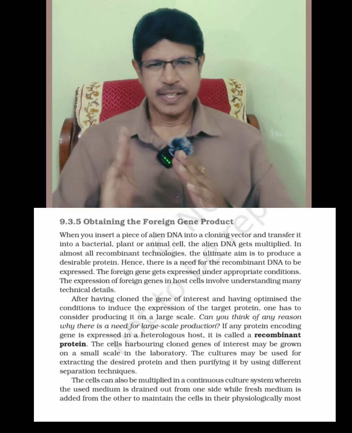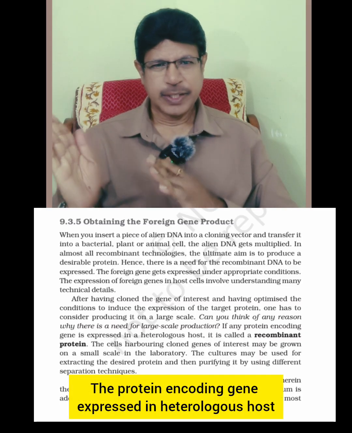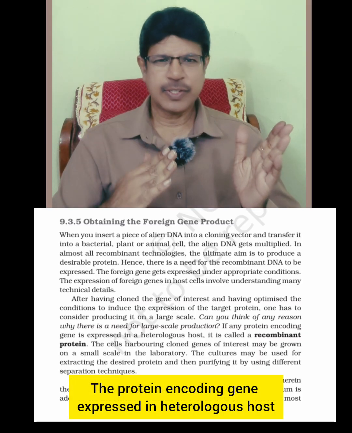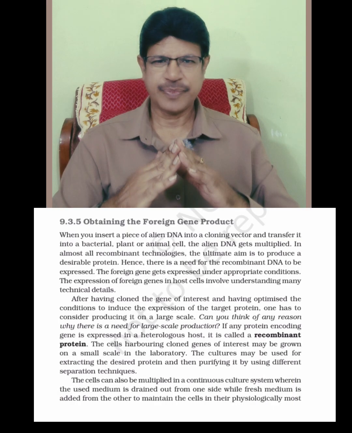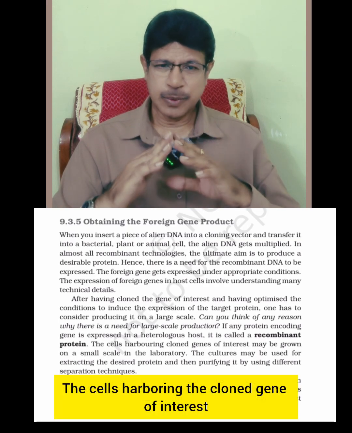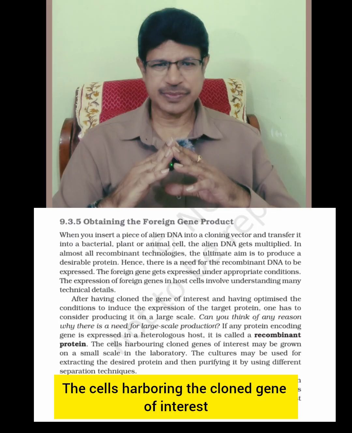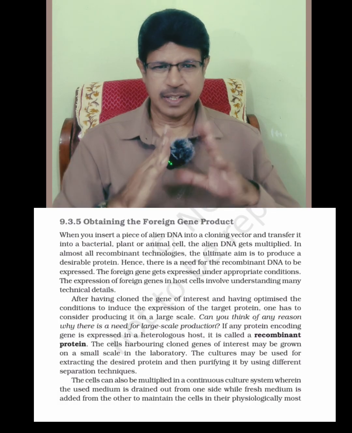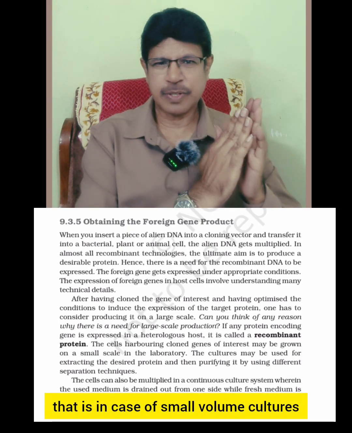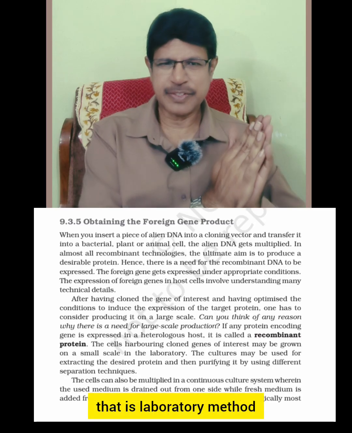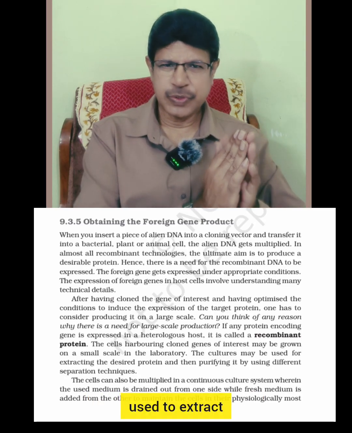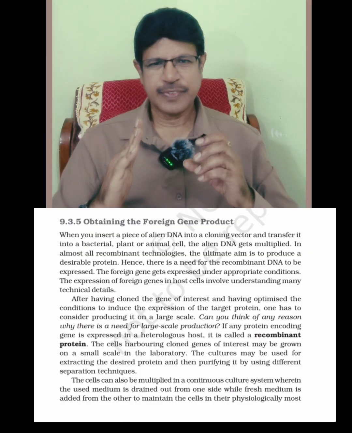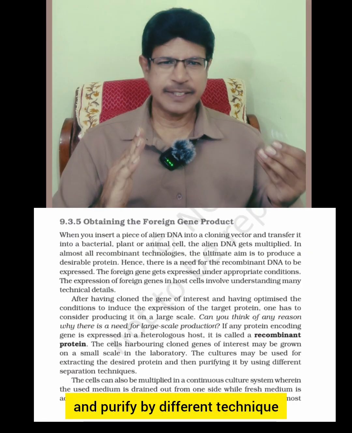Next, the protein encoding gene expressed in a heterologous host, what do you call it? It is a recombinant protein. In the case of small volume cultures, that is the laboratory method, the cultures are used to extract the protein, which is purified by different techniques.